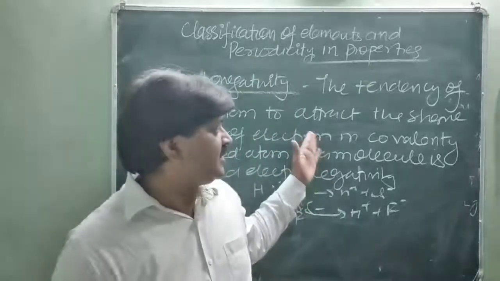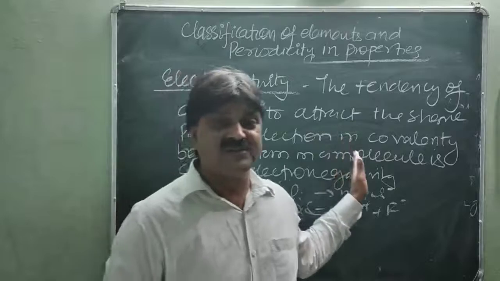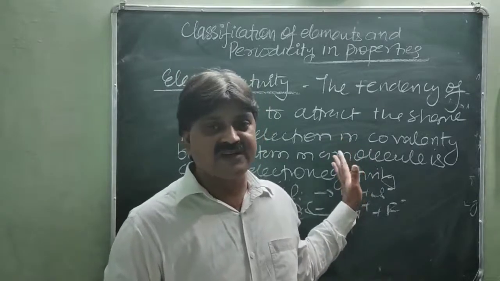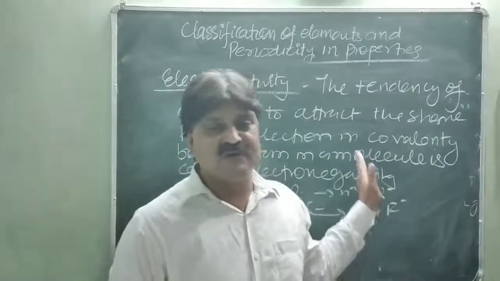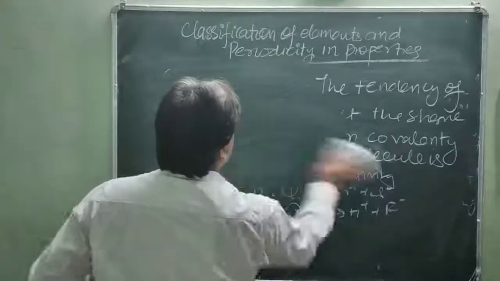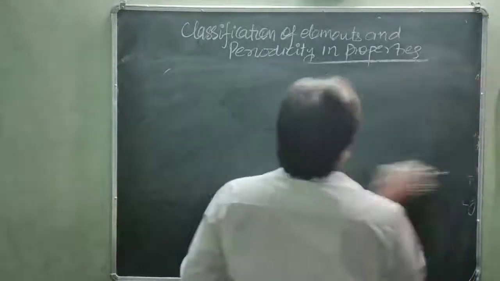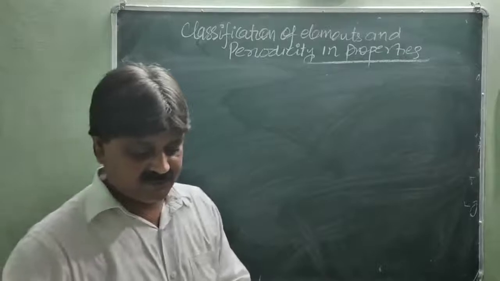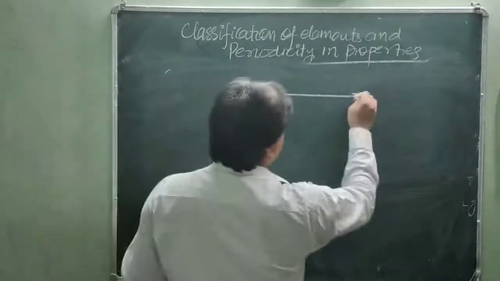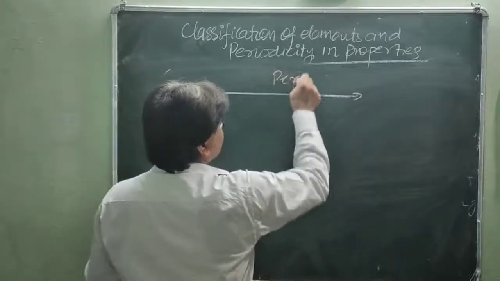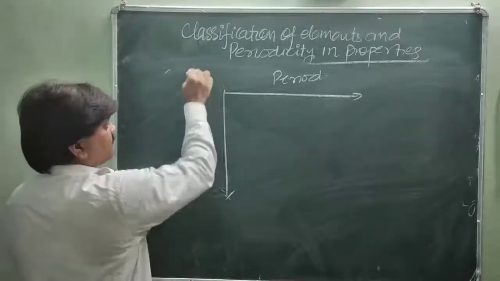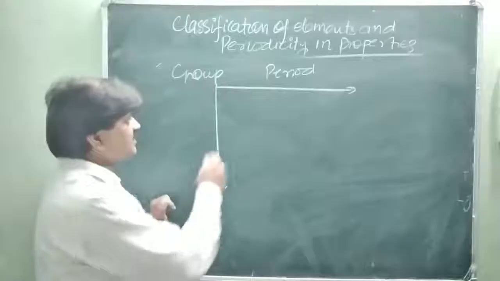I am sketching some lines here to show the variations in the group and the period, and you can very easily understand the variations of the different periodic properties. Just like here, this is the period and this is the group.